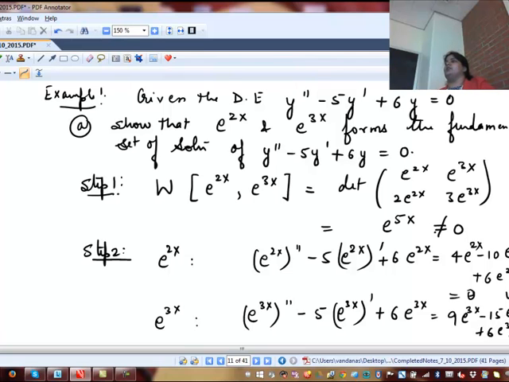So given two functions, you can check whether they form a fundamental set or not, like this. Then what will you ask? It's very important to know what to ask, because if you don't know what to ask, you're not proceeding further at all.